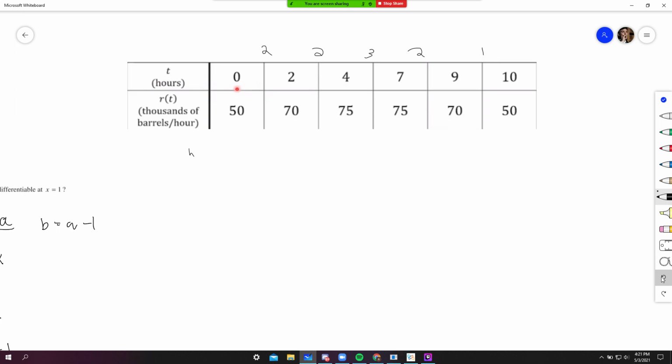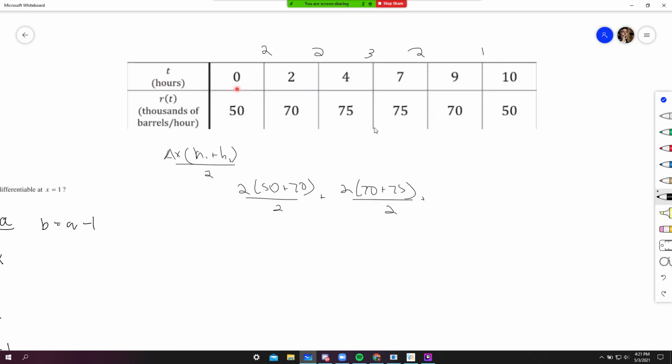So it's delta x times h1 plus h2 over 2. For this one, it'd be 2 times 50 plus 70 over 2. For this one, it would be 2 times 70 plus 75 over 2.